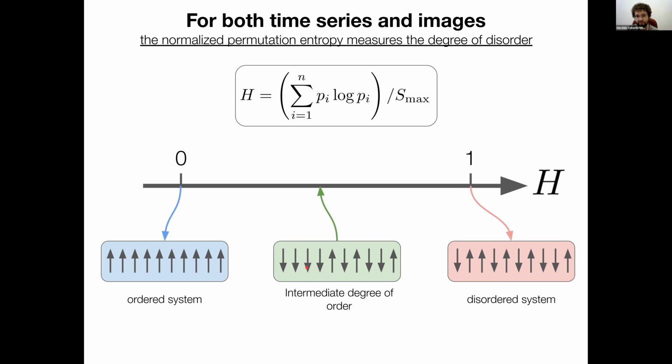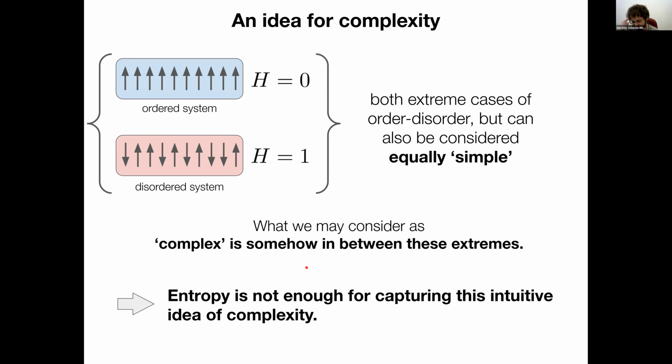Okay, but perhaps you may agree with me that entropy alone is not enough for capturing our intuitive idea of complexity. I say that because if you consider the 2 extreme cases, a system that is very ordered and a system that is very disordered, we can consider them simple because we just need one probability to describe the system. In the case of the very ordered system, there is only one state that occurs.